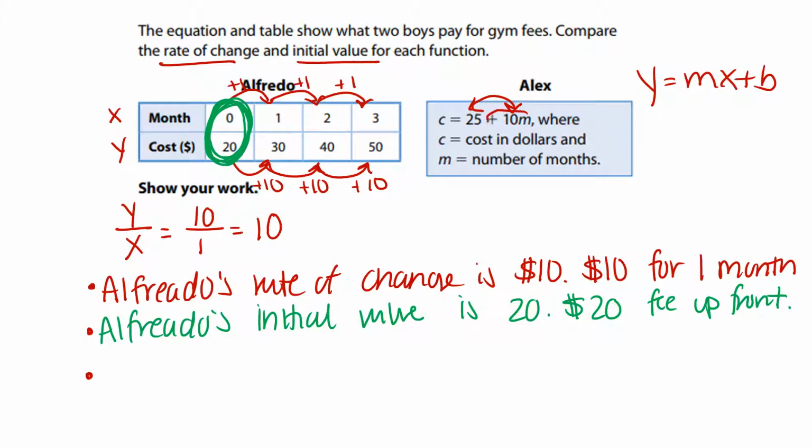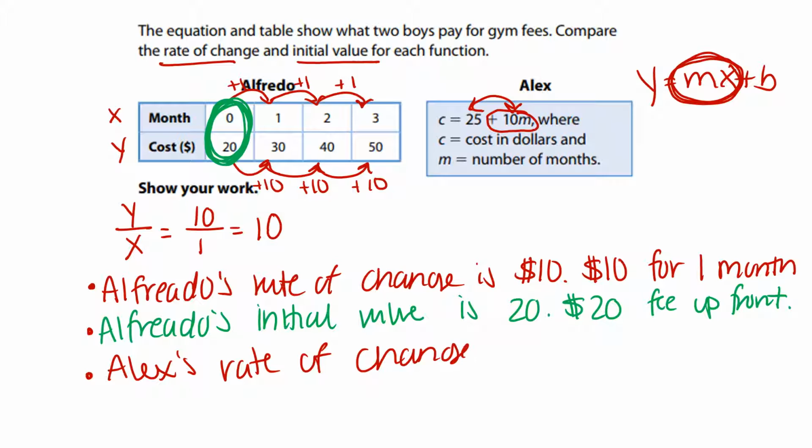The 10M is clearly the slope, the rate of change, because it represents the mx. The number with the variable is always the rate of change. So Alex's rate of change is also $10. Notice it's 10M, $10, meaning it's $10 for 1 month.